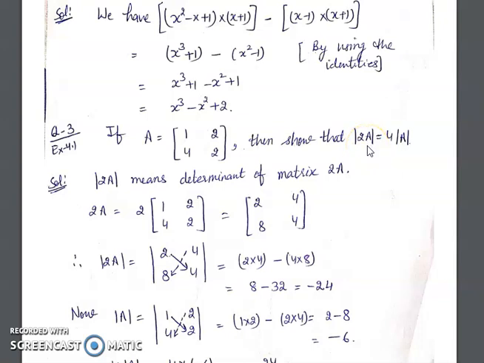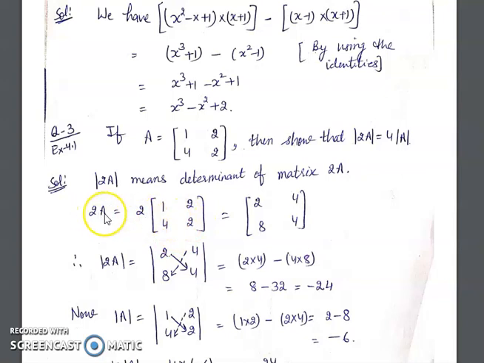So, to find its value, first we multiply 2A. Remember in matrix, if matrix is multiplied with some scalar quantity, then each element should be multiplied by that scalar.